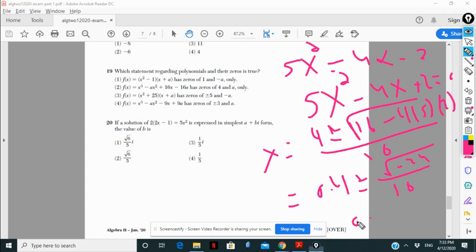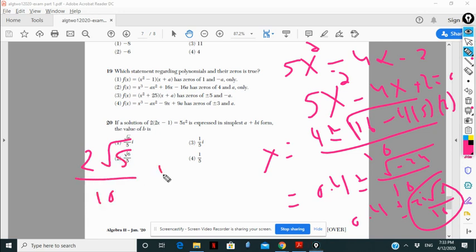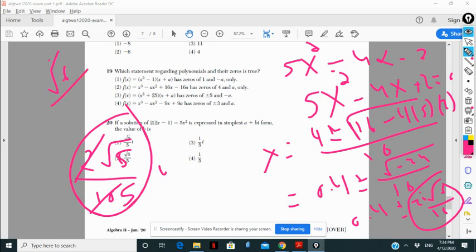When I try to simplify, it's 4 plus or minus 2i square root of 6 over 10. So this one is 2 radical 5 over 10 i. So this is the a value. If I try to simplify it, it's going to be radical 6 over 5. That's the b value.